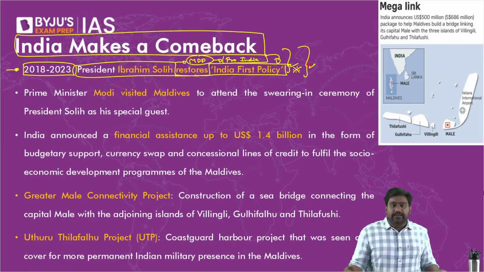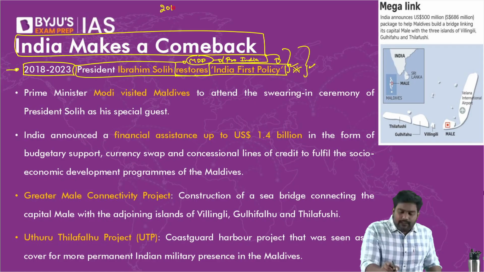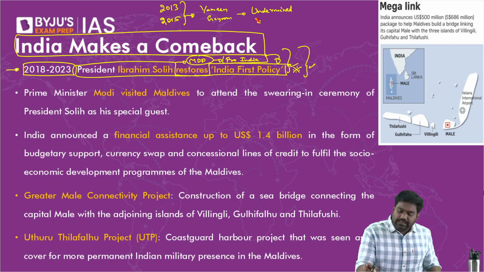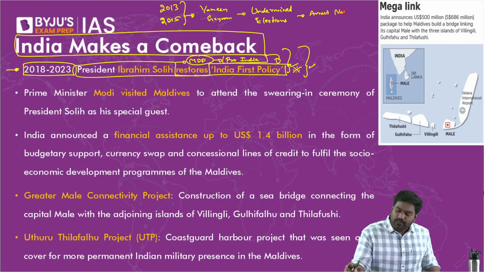In 2013 and in 2015, when Yamin Gayoom undermined the elections, Yamin Gayoom didn't allow fair elections to take place, especially by getting Nasheed arrested.